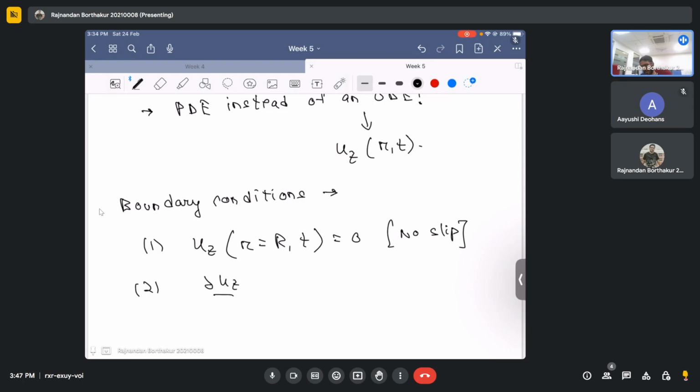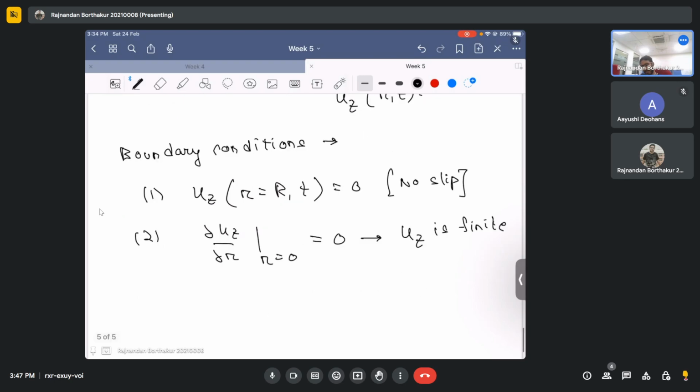Exactly. So dou uz by dou r at r equals 0 is 0, which basically means that uz is finite, and this is 0 due to the symmetric nature of the problem.